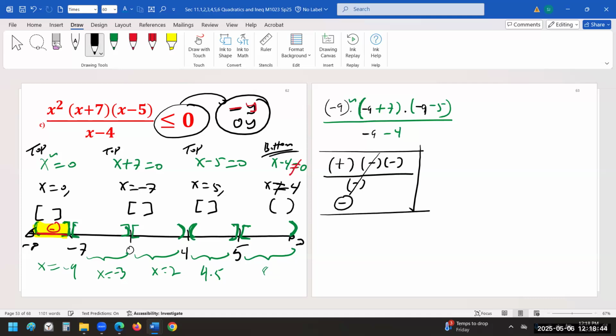Exactly. For the next one, you pick negative 3. So let me erase all of these and turn them into negative 3. Negative 3, negative 3, negative 3, negative 3. So negative 3 squared, positive. And now between 7 and 3, which one is bigger? What sign does 7 have? Positive.